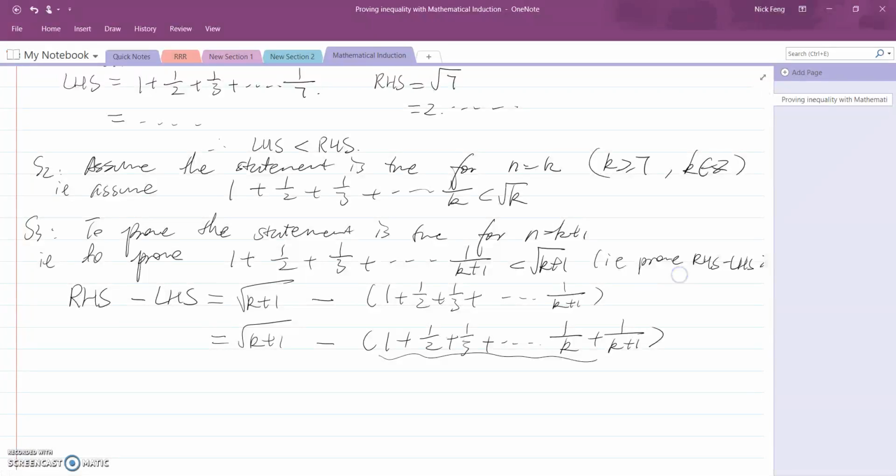However, the assumption says this whole thing here is less than root k. So if I replace that, I'm replacing it by something bigger. Root k is bigger than this. But I'm subtracting a bigger number, so whatever result, leave root greater.